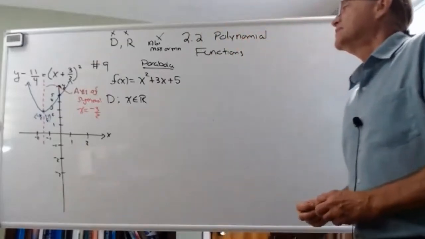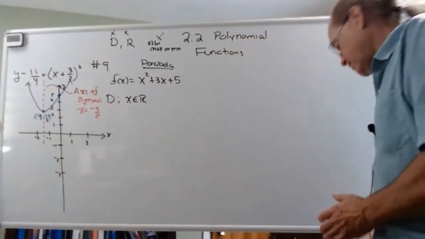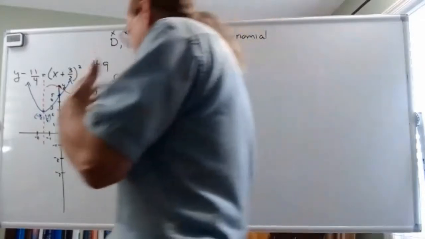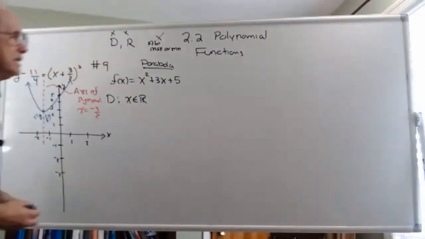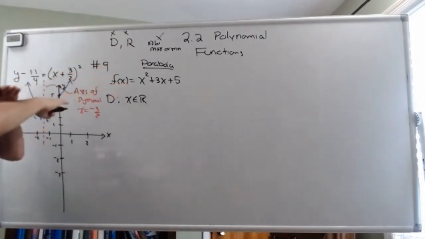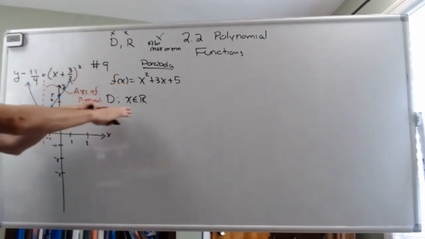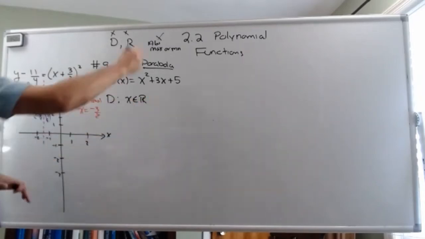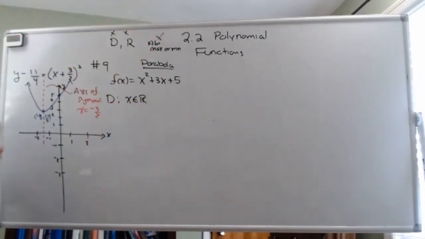Good question, because I know that's going to cause confusion because you just did that. Understand the context of what we're trying to obtain right now. We're just trying to take this function as it is, find its domain, its range, and see if it has any absolute max or mins.